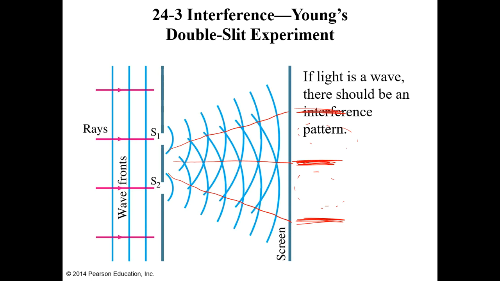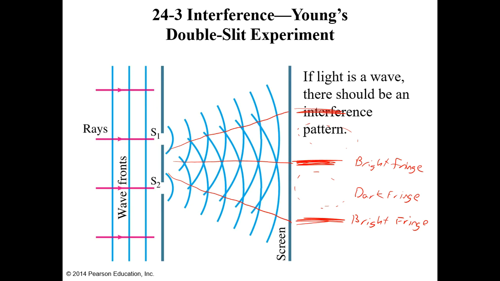So you get a bright fringe, then you get a dark fringe, followed by another bright fringe, followed by another dark fringe, and another bright fringe, and it goes on and on and on until the intensity just gets so weak that our eyes can't even see it.